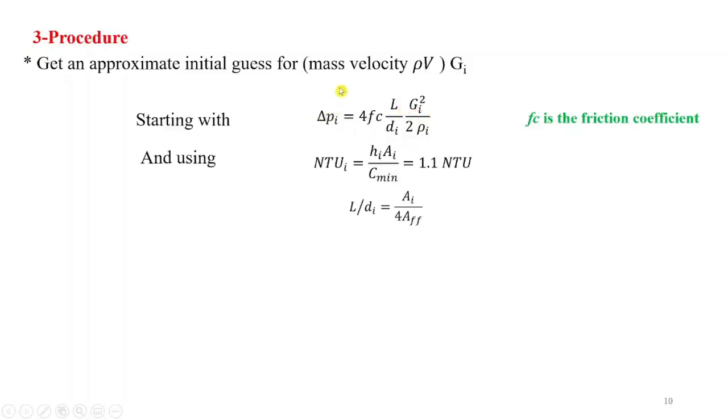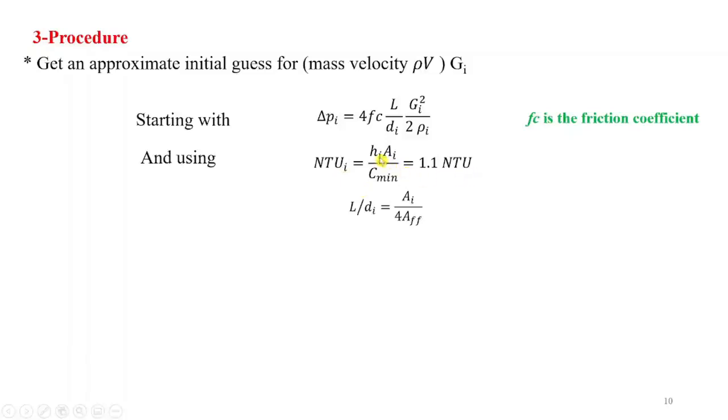But in order to do that, we need to find a relation between the heat transfer coefficient inside the pipe with the NTU that is for the whole heat exchanger. So we have found that for the particular case that we have here, since as we said the resistance for the flow inside the tubes is much greater than the resistance of condensation on the outer of the tube, NTU_i equals 1.1 NTU.